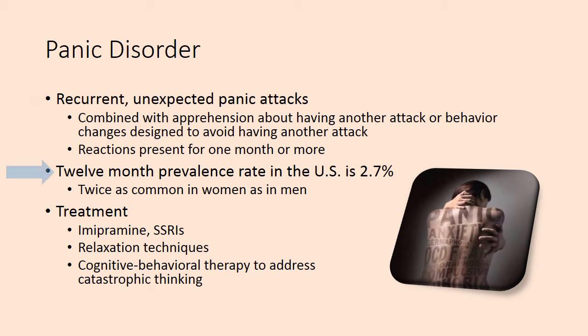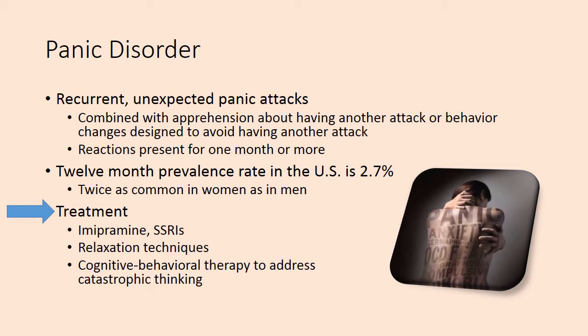The 12-month prevalence rate for panic disorder in the U.S. is 2.7%, and it's twice as common in women as in men. Now, treatment can involve imipramine, which is a tricyclic, one of the older antidepressants, which can reduce panic attacks in the majority of cases. SSRIs are also effective.